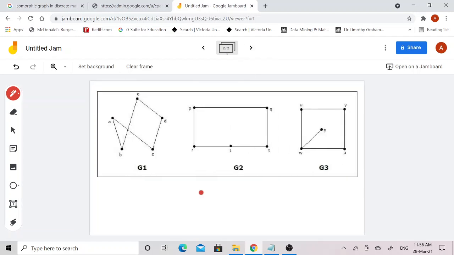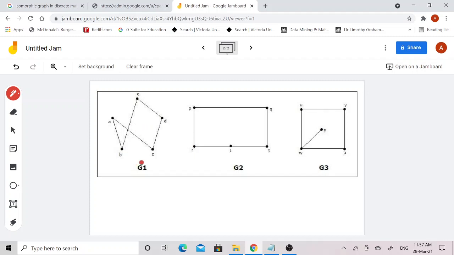Let's consider a brief example. Here there are total 3 graphs G1, G2 and G3. Here we will determine whether these 3 graphs are isomorphic or not. So first we need to consider the total number of nodes present in each graph.